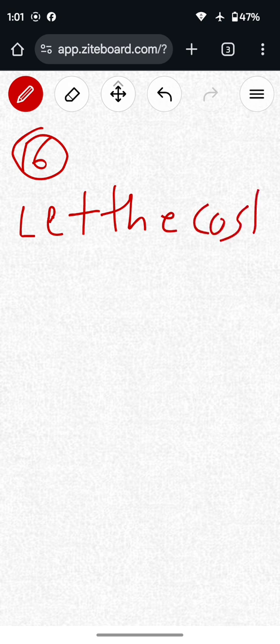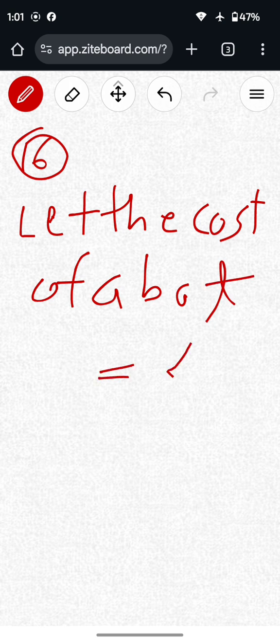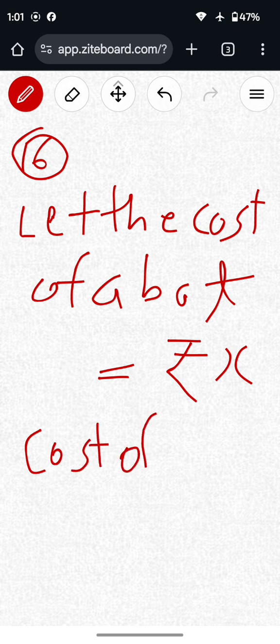Question number 16. Let the cost of a bat be x rupees. Similarly, the cost of a ball will be rupees y.